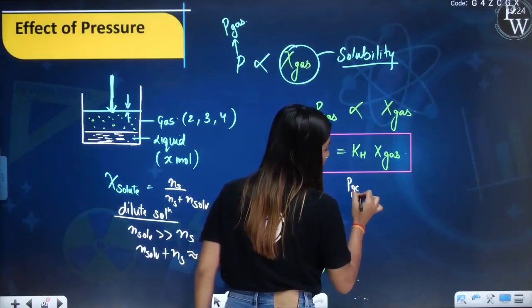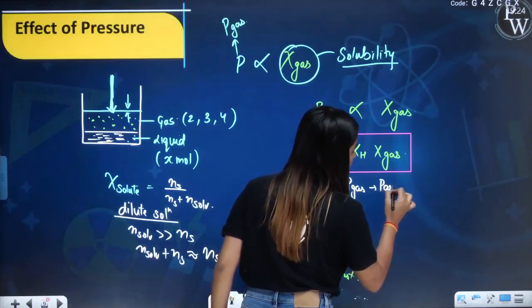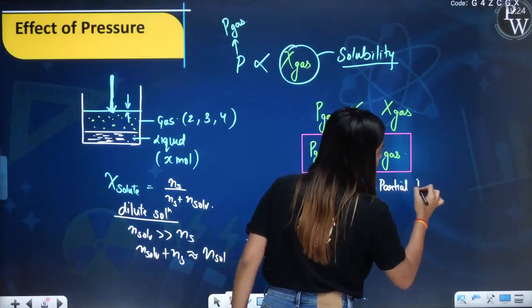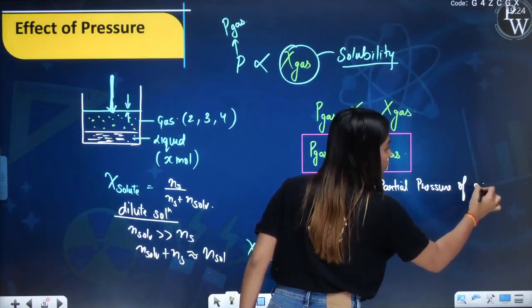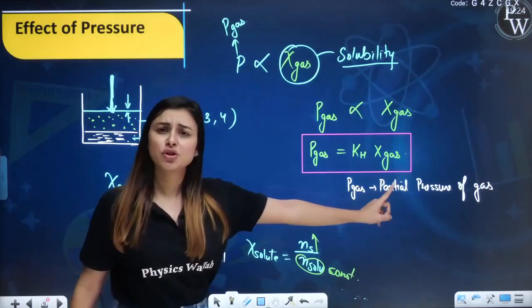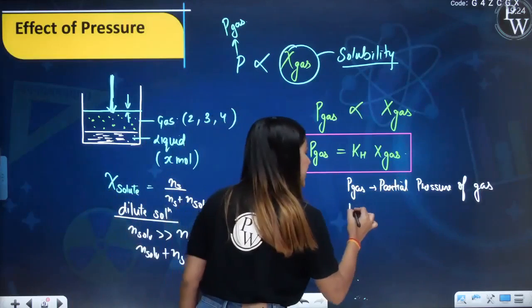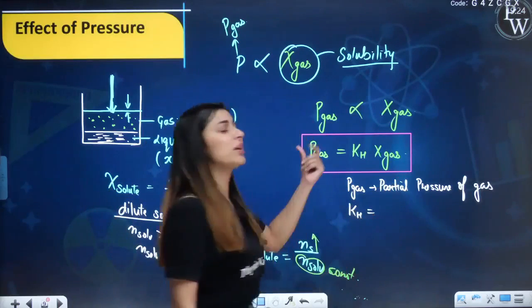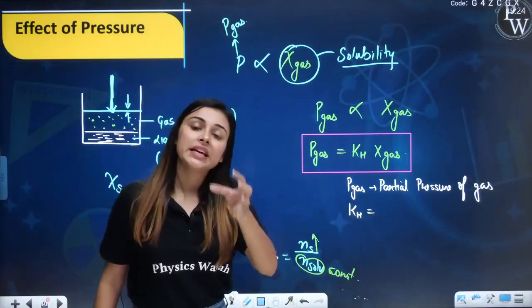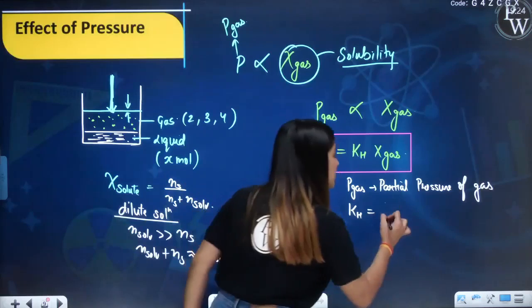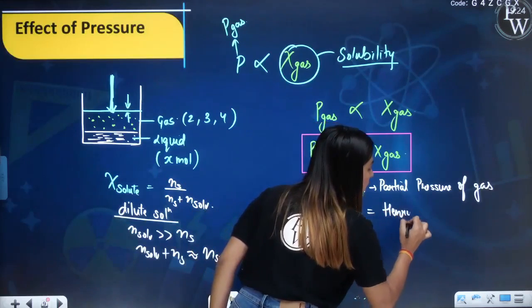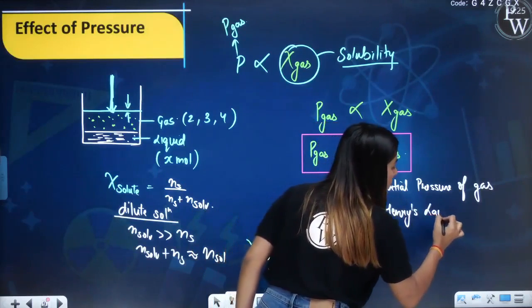P of gas is your partial pressure of the gas. What is KH here? Since Henry gave this expression, obviously he gave this constant his name, that is your Henry's constant. So this is your Henry's law constant.